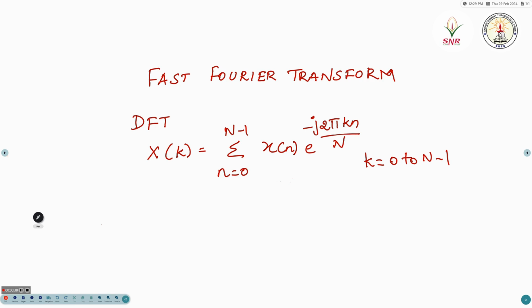Here for each output X of k, for k varies from 0 to N minus 1, we need some complex multiplications and additions.